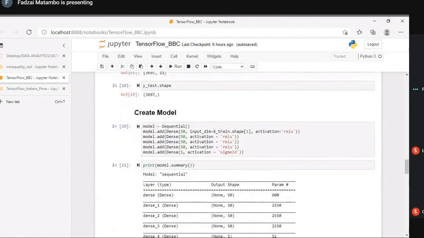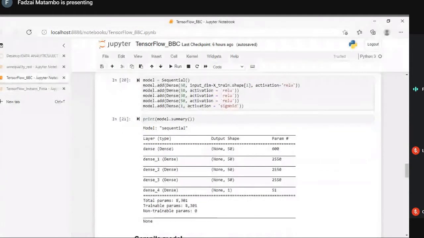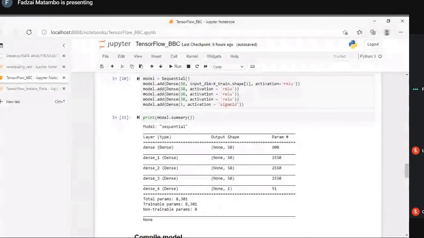I was changing the neurons as well, but I ended up at these layers. This was my last attempt, but I was just increasing and decreasing them. And then this was the model summary that I came up with after having those ones at 50.